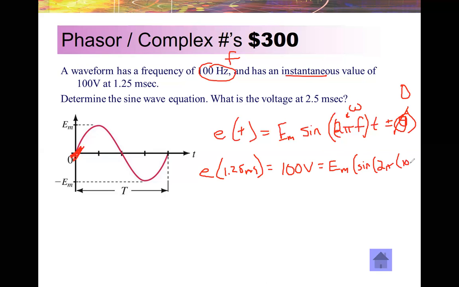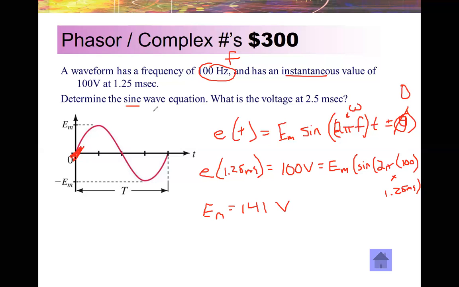The F is 100. And the T is 1.25 milliseconds. What we get there is E as the amplitude. We divide 100 by all of this term, sine 2 pi 100, 1.25 milliseconds, and we get 141 volts.